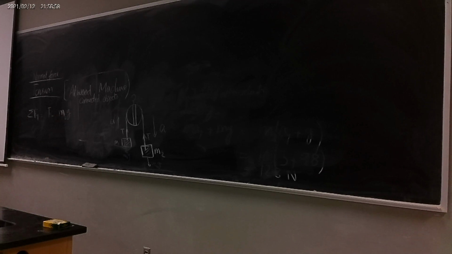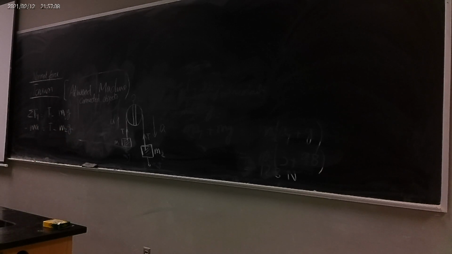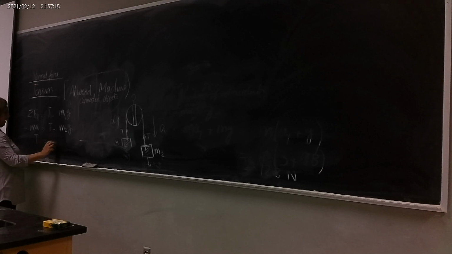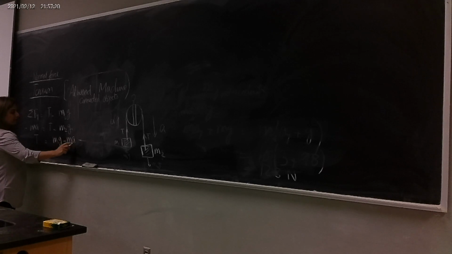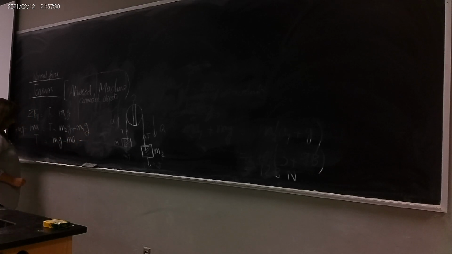Exactly the same thing I did before. There is acceleration which is downward, so negative: M2A equals T minus M2G. If I take the T out, T would be equal to M2G minus M2A. Correct? I added M2G on both sides. So I have one equation in T.